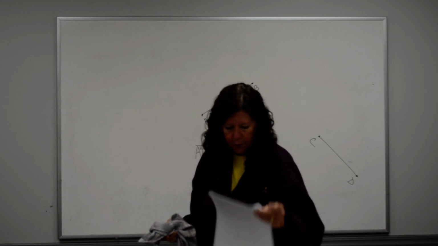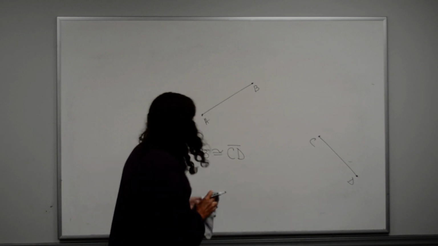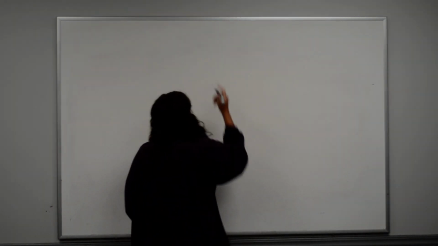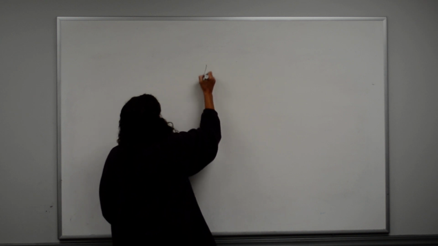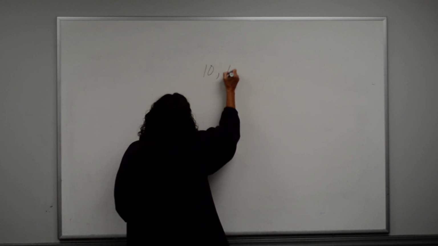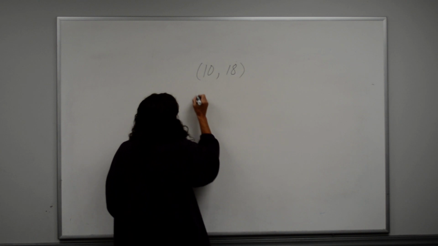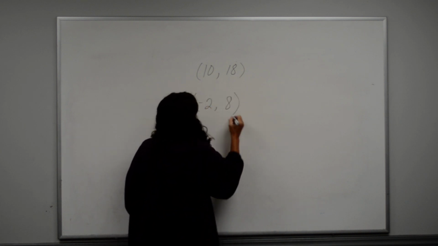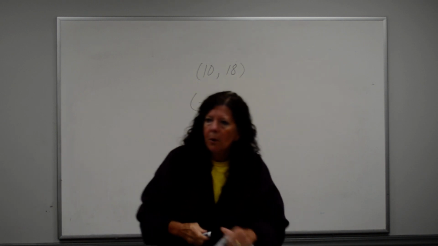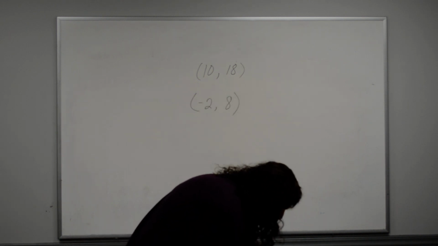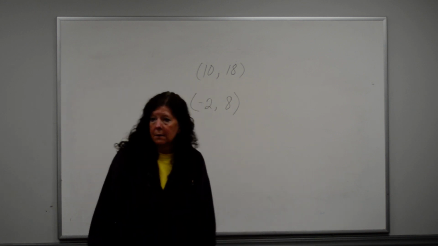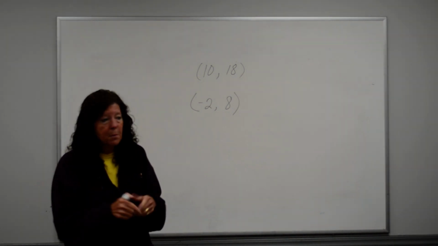Distance and midpoint formula. Your homework worked a little bit on the distance formula, so let's just take 2 points that we have. Let's say I have 10, 18, and I have -2, 8. I should be able to take those 2 points and find the distance between them using my distance formula, and find the midpoint between them using the midpoint formula.